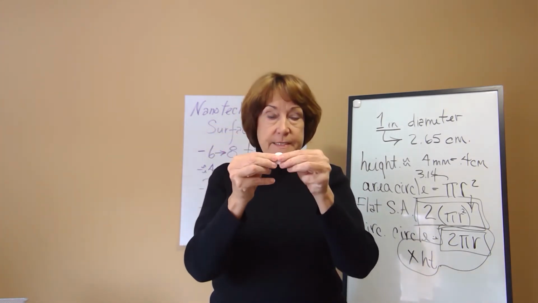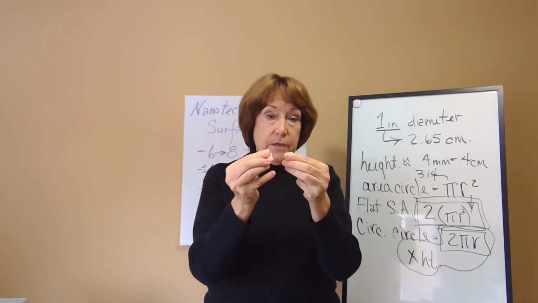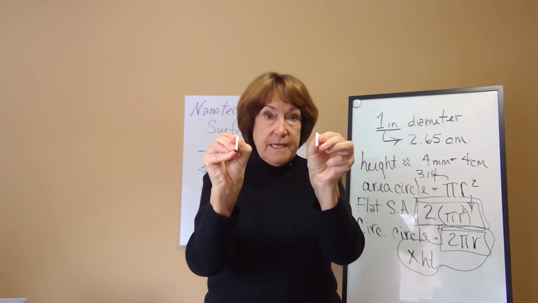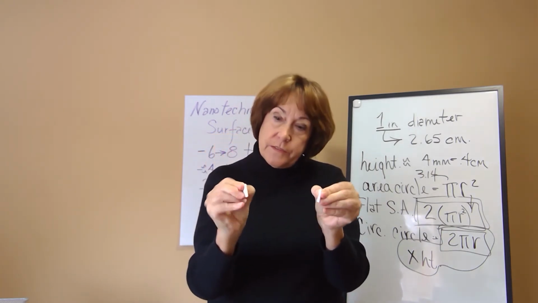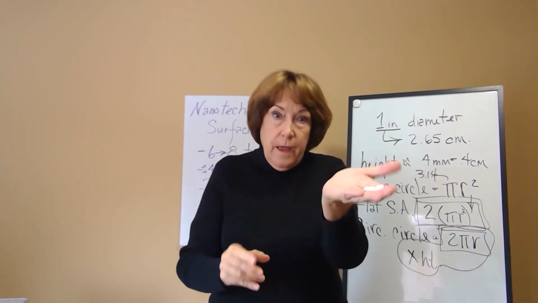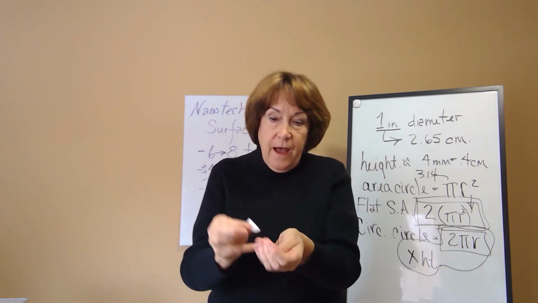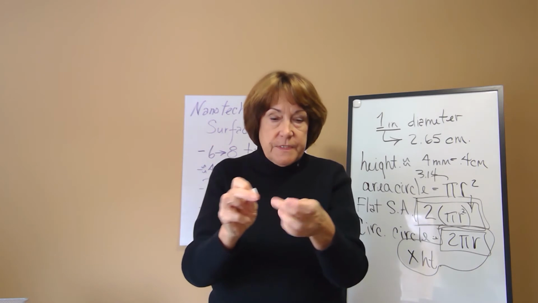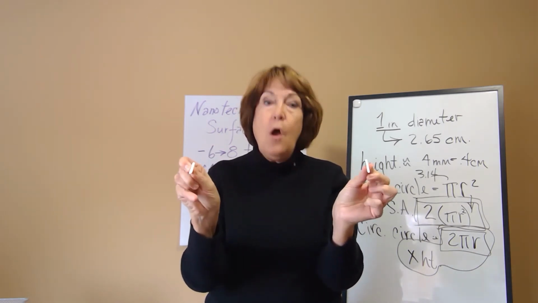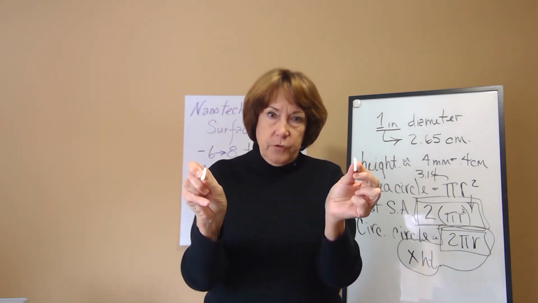Because if I take this tablet and break it into two pieces, you can see that I have now increased the total surface area of these two pieces. I've added this surface area and this surface area where I broke the tablet into two pieces.